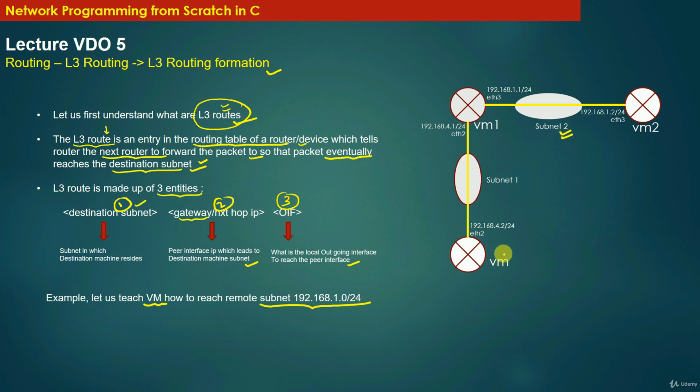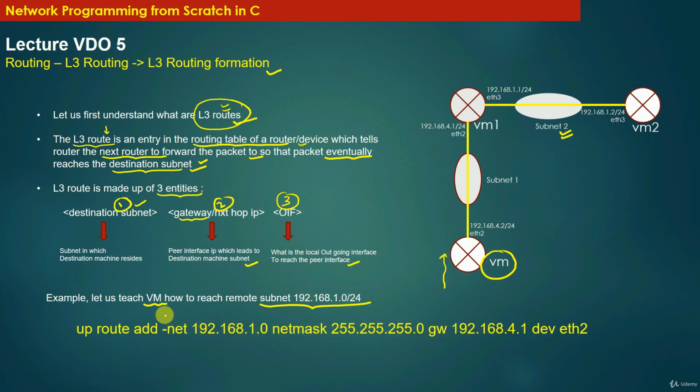So we need to program the router VM so that if it receives a packet destined to any machine which falls in subnet 2, it knows what to do with such a packet. In order to feed this intelligence in the router VM, we need to install the following layer 3 route in the router VM.